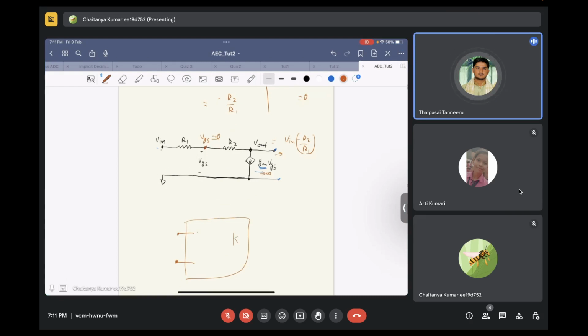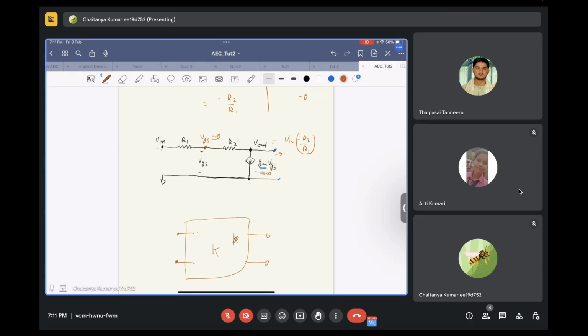Yes, sir. It will subtract the output. So let's say it has any kind of gain. It can be current gain, voltage gain, transimpedance gain, or transconductance gain, any kind of gain. Let's say this gain goes to infinity.